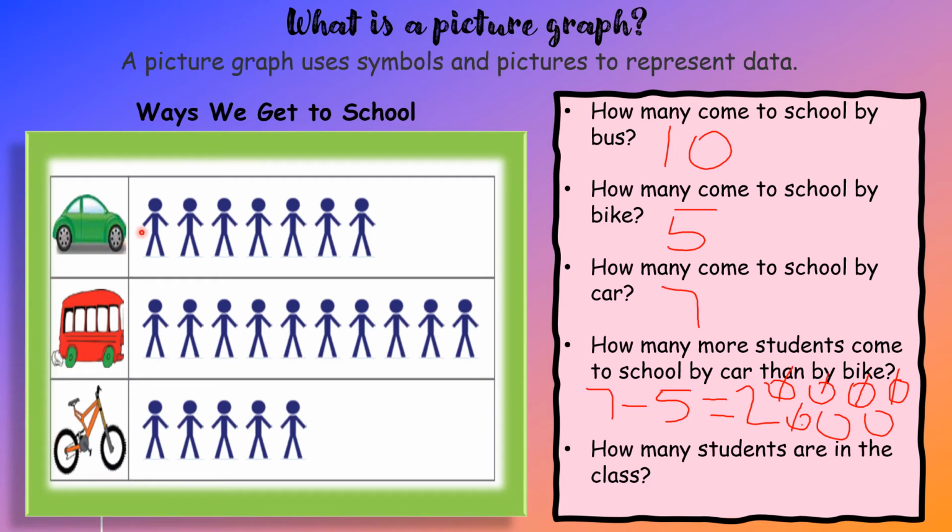So let's count. 1, 2, 3, 4, 5, 6, 7, 8, 9, 10, 11, 12, 13, 14, 15, 16, 17, 18, 19, 20, 21, 22. So that means there are 22 students in the class.